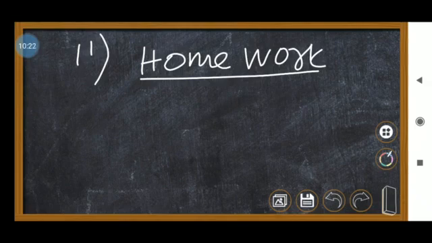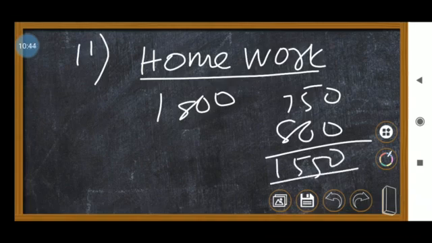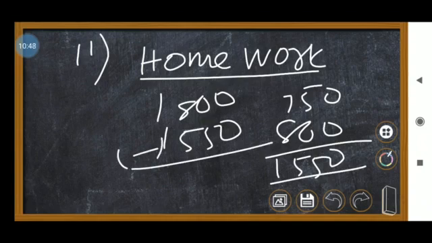How to find: first the total number of students in the school is 1800. Then basketball and cricket, you have to add 750 and 800, and you get 1550. When you subtract this from 1800 we will get how many persons opted for table tennis.